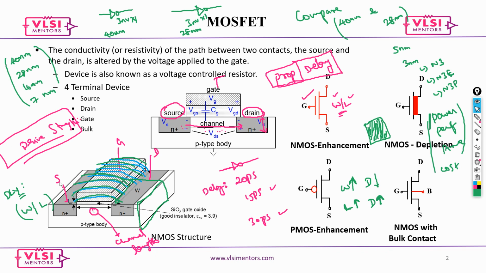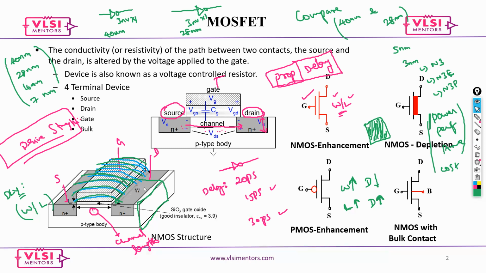So what is that decides your drive strength? Your W/L is the one which decides. Ideally speaking, lower drives will have a smaller width and higher drives will have a bigger width. As simple as that.